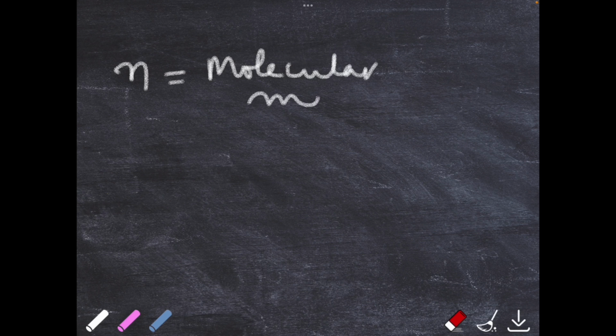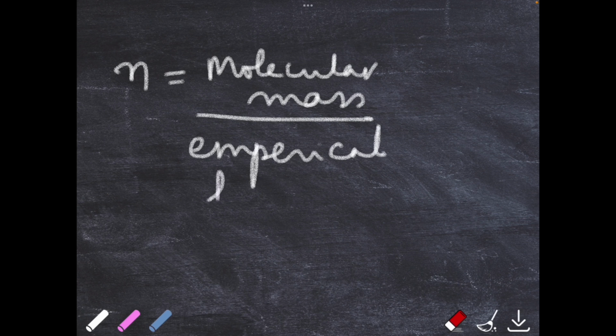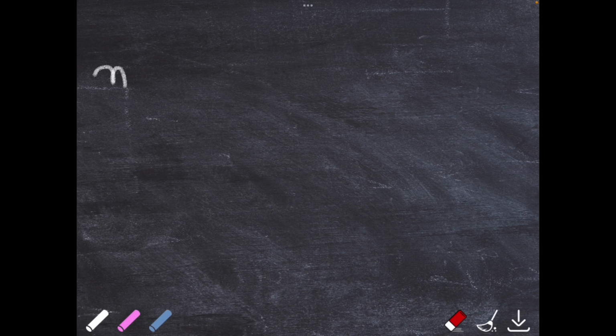Now how do we determine the molecular formula? For molecular formula, we have to take out the value of n. n is equal to molecular mass upon empirical formula mass. So molecular mass is given as 78.